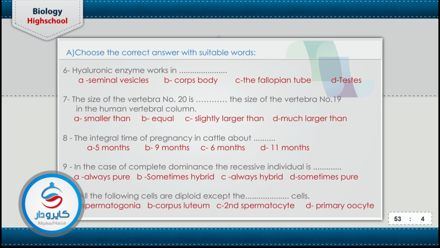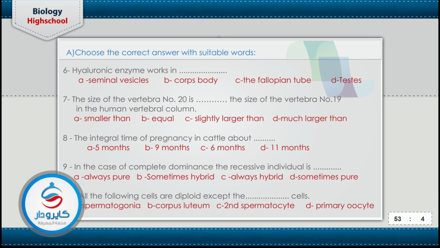When it says 19 and 20: number 19 is the last thoracic vertebra, and number 20 is the first lumbar vertebra, so vertebra number 20 is slightly larger than number 19. It can't be smaller, or equal, or much larger. It won't be 19 and then 20 much larger; there must be symmetry in the vertebral column. So the right answer is number C, slightly larger than.